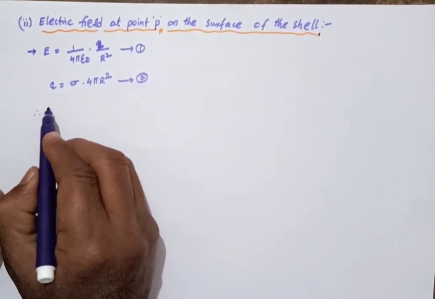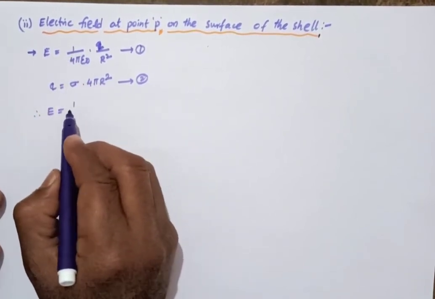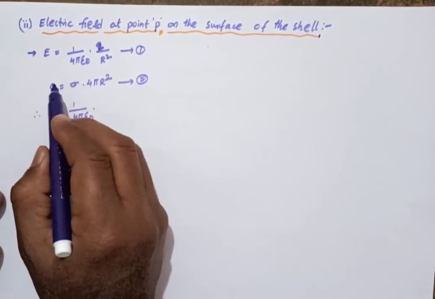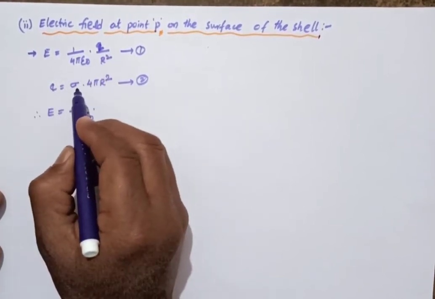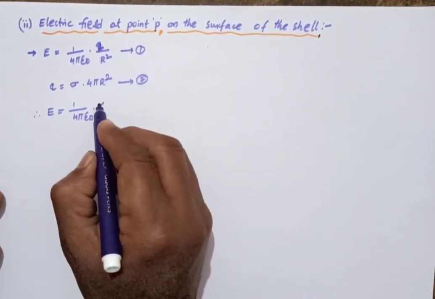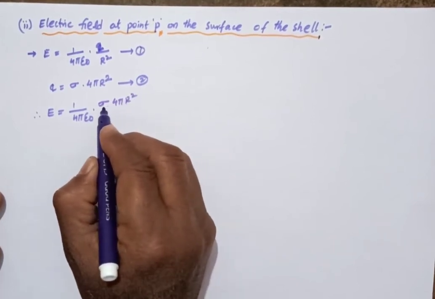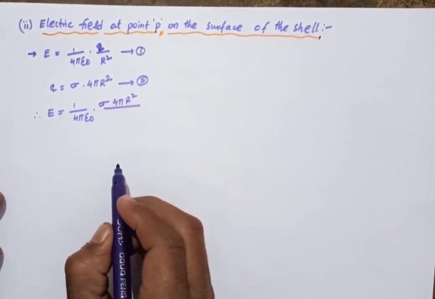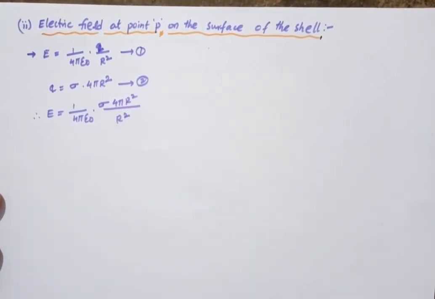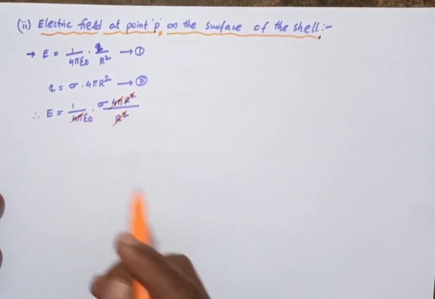So then electric field E equals 1 by 4π epsilon naught. Substitute Q equals sigma into 4πR² in equation number 1. So then sigma 4πR² divided by R². Here R² gets cancelled, 4π gets cancelled.